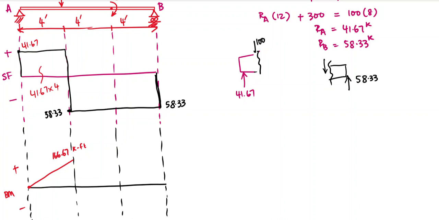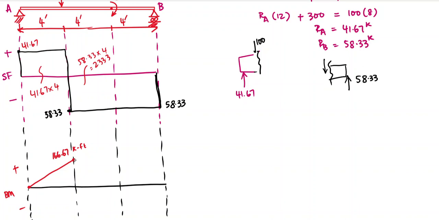Now, if you take the next part, the area of this rectangle here would be 58.33 times 4. Remember, that's going to be negative, so the bending moment is now going to be changing down, or reducing. 58.33 times 4, that's 233.3. So from 166.67, you drop down 233.3 by the time you get here.